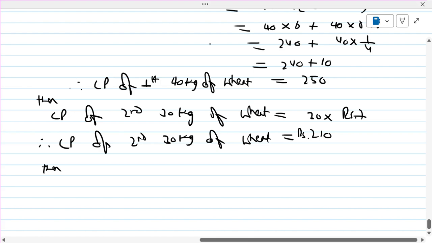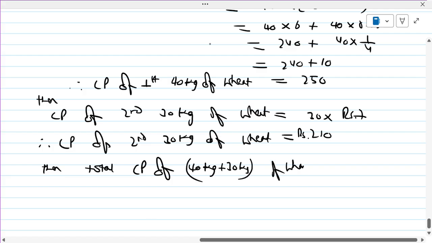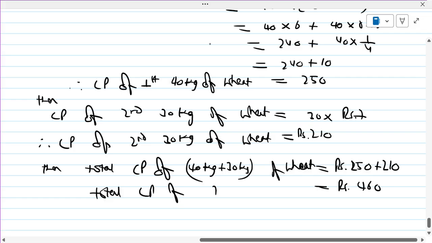Then the total cost price of 40 kg plus 30 kg of wheat is the sum of rupees 250 and rupees 210, so we get rupees 460, and it becomes the total cost price of 70 kg of wheat, is it?